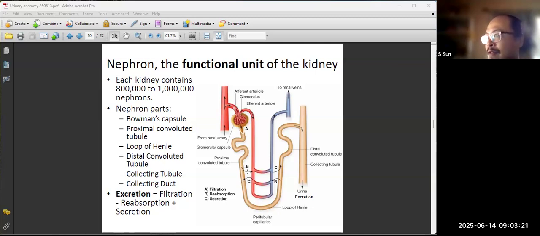And so we have reabsorption and secretion. And then the remaining portion is called excretion. So excretion is basically a summation of what we got filtered minus what we reabsorb plus what we secrete, and that is excretion.